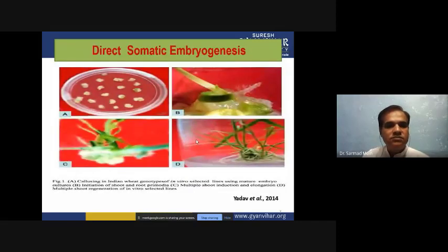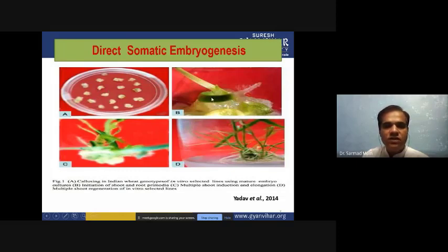Here are some experiments where Indian wheat genotypes were utilized to produce somatic embryos. This is direct somatic embryogenesis, and you can see somatic cells in the petri plates, with many colonies of somatic cells that can be induced to produce somatic embryos.